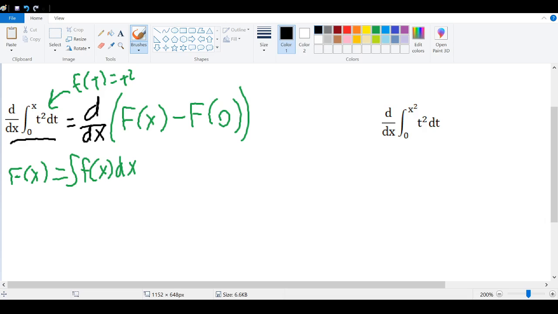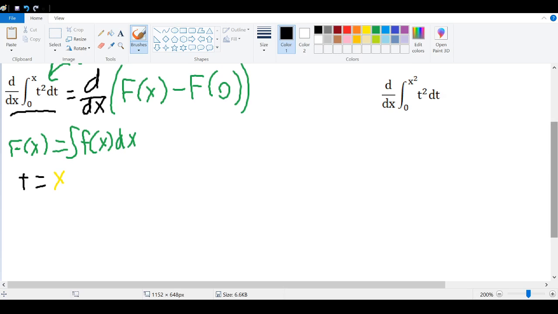And so to get little f of x, well, we had to make a substitution. We're going to substitute t for x. So t is going to equal x. And now if we differentiate this equation implicitly, we get that dt must be equal to dx.